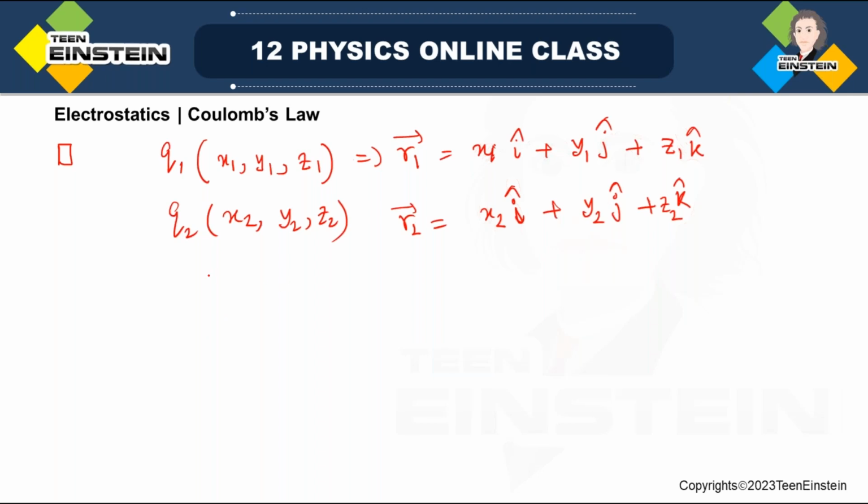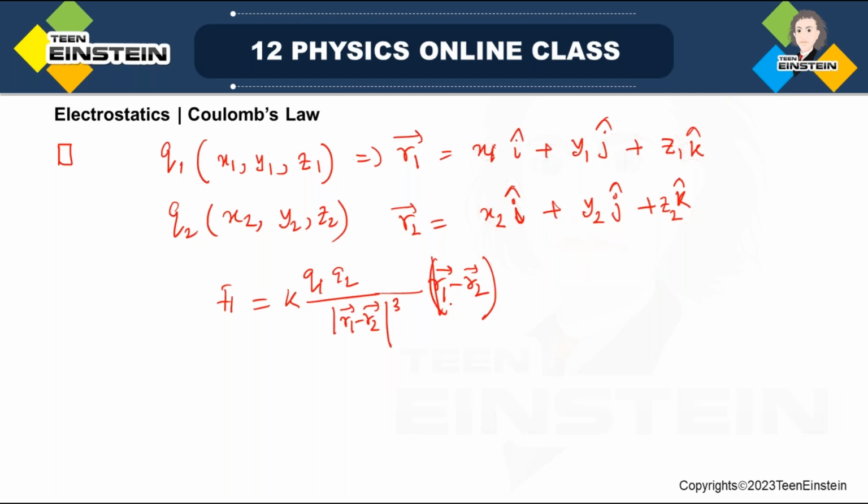So in that case, we can write force F1, suppose this is Q1, so K Q1 Q2 by mod of R1 minus R2 cubed times the vector R12.